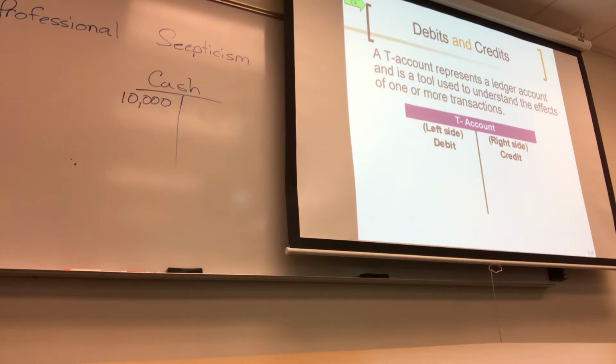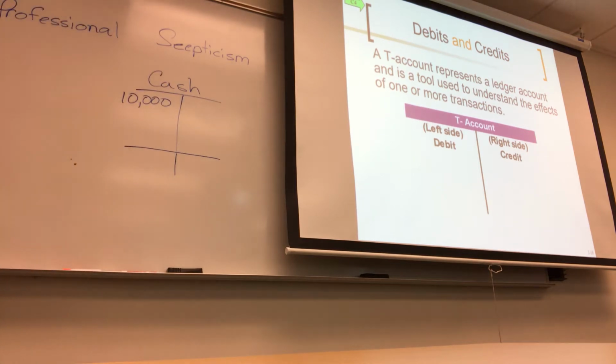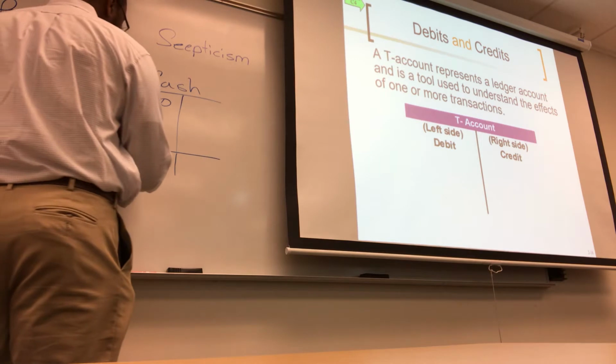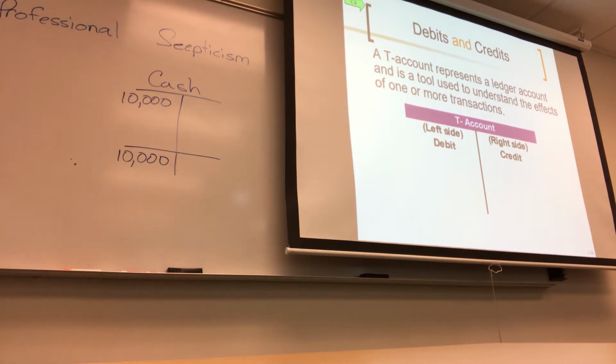So you should see a corresponding credit transaction or a balancing transaction. And then at the end of the period, you'll see this, which signifies the period has ended. And then you'll see a summation of the transactions prior to it. This will mean at the end of the period, they ended with $10,000 cash.